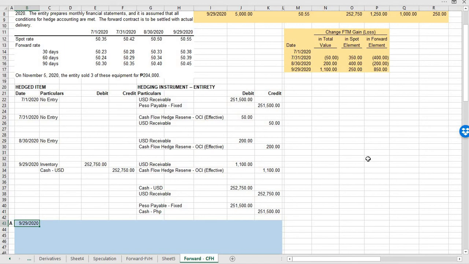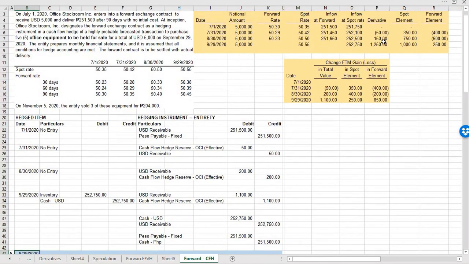Actually, under cash flow hedge, at kung ang hedging instrument is designated in its entirety, kung ano yung value ng ating derivative, which in this case is 1,250, ibig sabihin, yan din ang value ng OCI natin as of this date na makikita sa Statement of Financial Position. Pareho sila kung ang hedging instrument is designated in its entirety. So, ibig sabihin, ito rin ang balance ng ating OCI. And that is a credit balance, which is a gain.